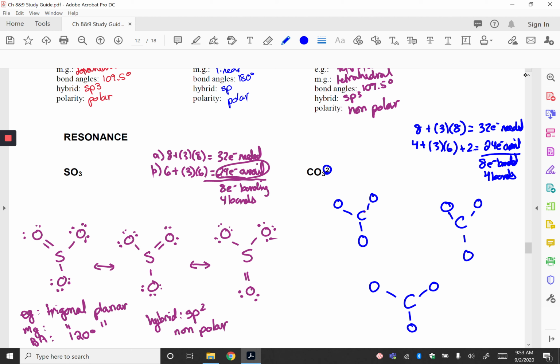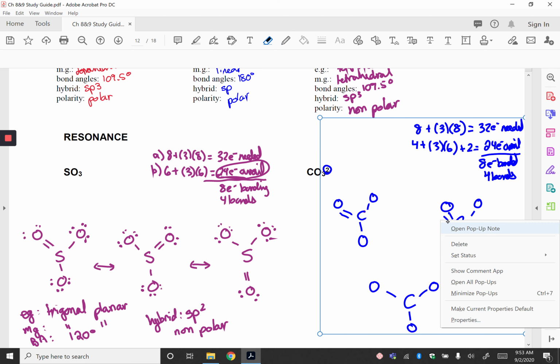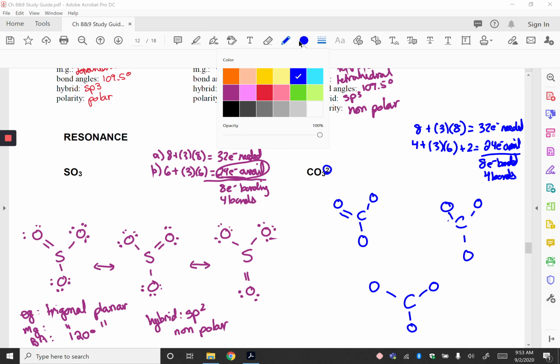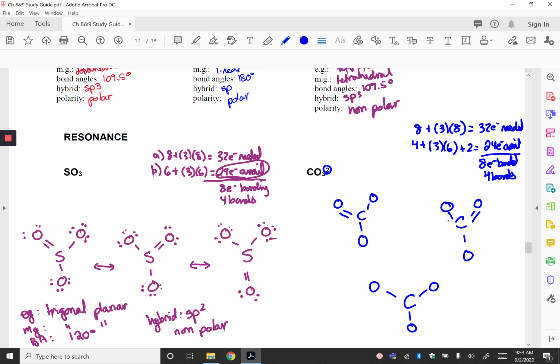I can put the double bond here, or I can put it there instead, or I can put it here. And then give everybody an octet.